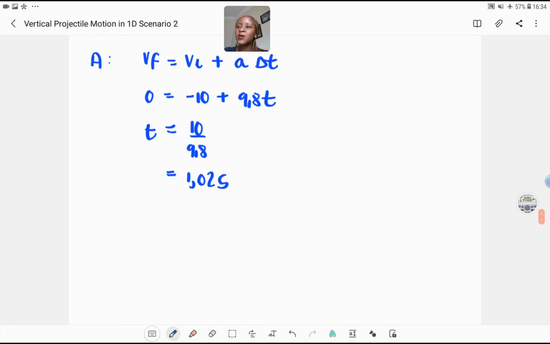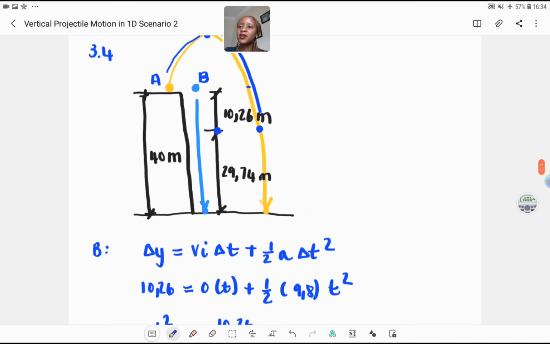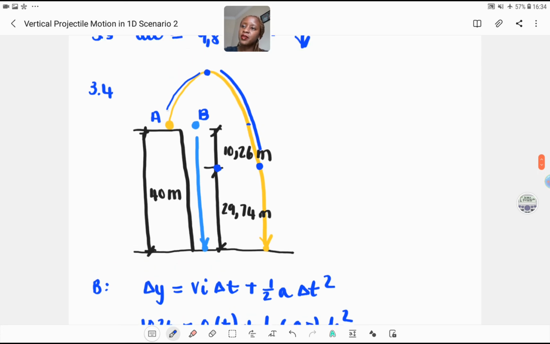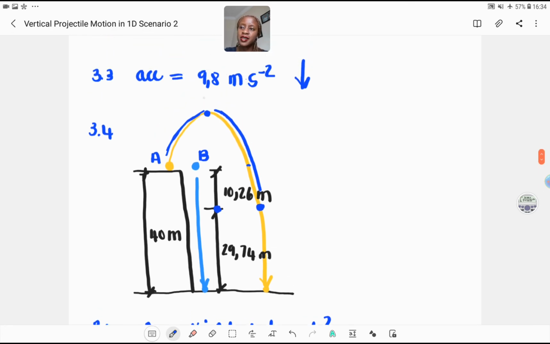So the time that I've calculated now is just from this point to the maximum. Now I need to know from that point to that point there. I know my velocity here is 0. I don't really know what my velocity here is. Okay, it's fine.